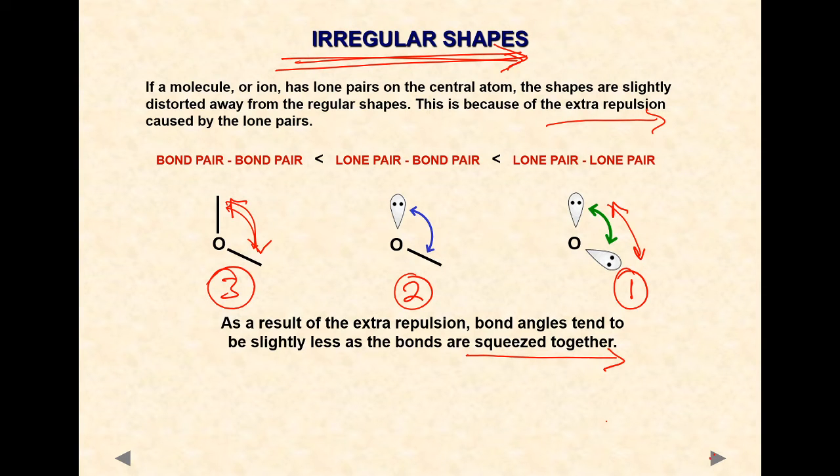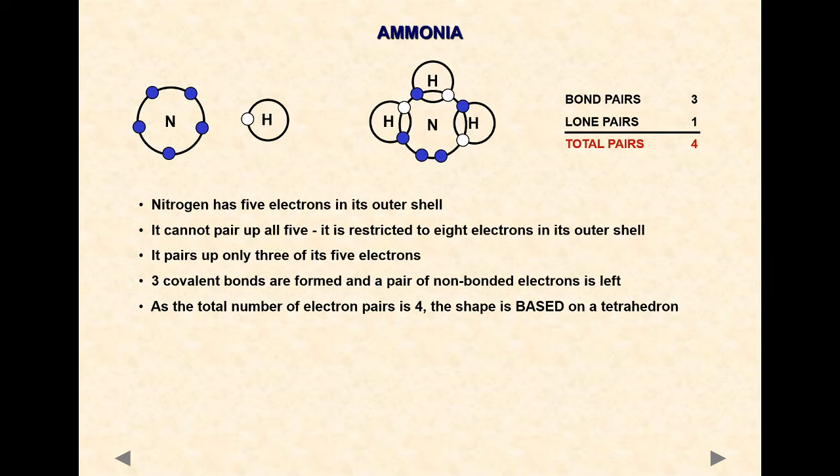We start with ammonia, right? The central atom is nitrogen. Nitrogen has 5 electrons, so it's 1, 2, 3, 4, 5. Then it's bonded to 3 hydrogens.